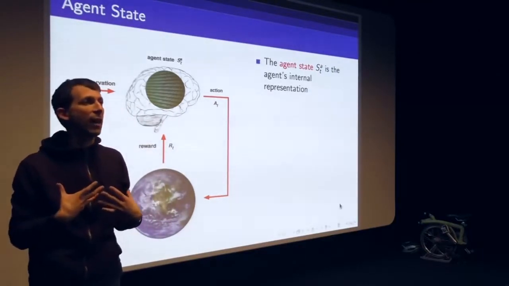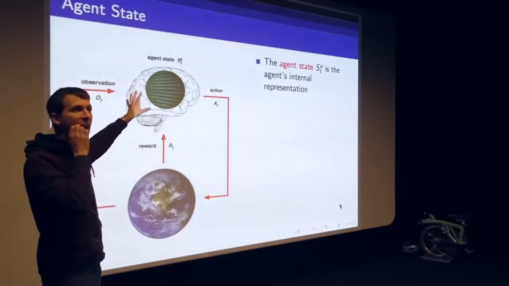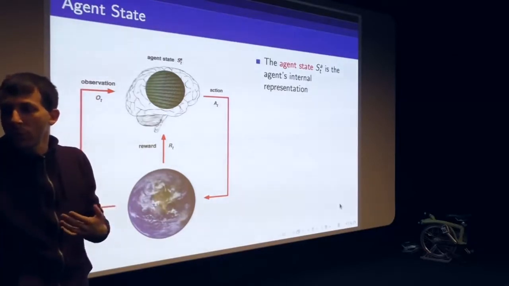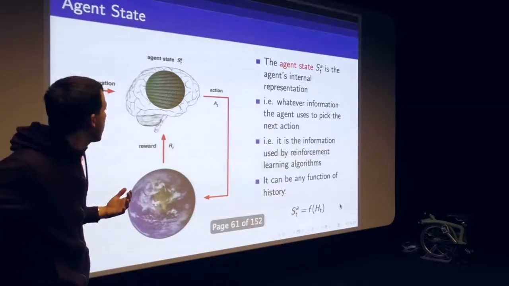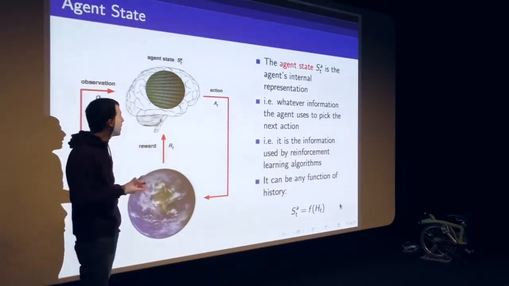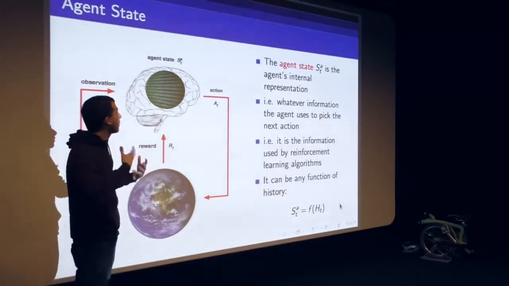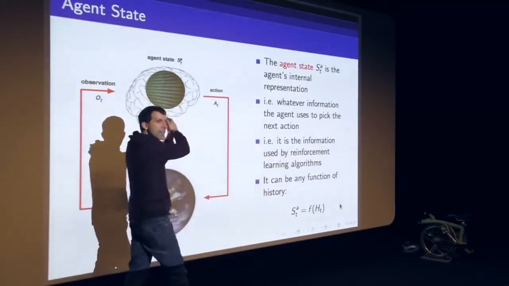And that's our decision. Our decision is how to process those observations and what to remember and what to throw away. There are many different choices there, which we'll talk about. This is the information that's used by our reinforcement learning algorithm. So when we build an RL algorithm, we'll always be talking about the agent state, about formalisms where we take an agent state and build something that picks actions from it.